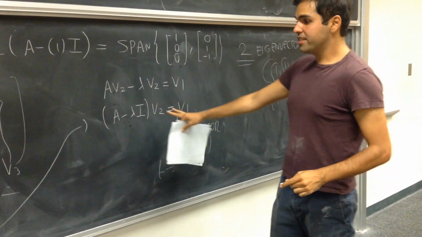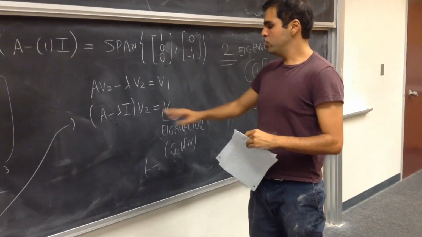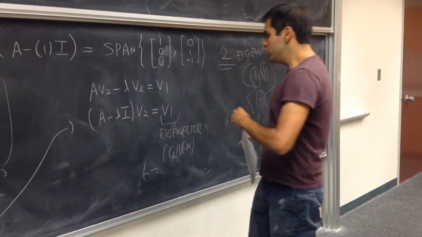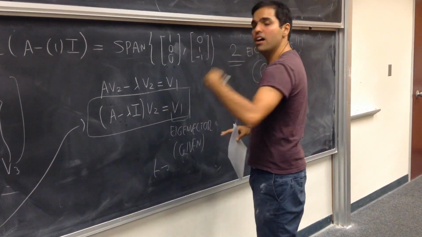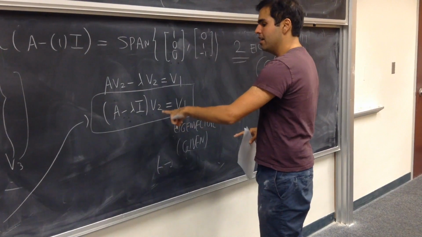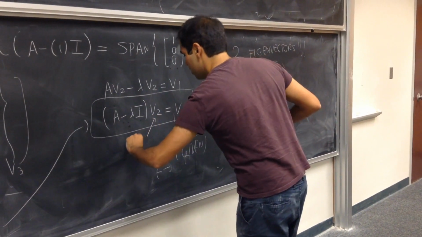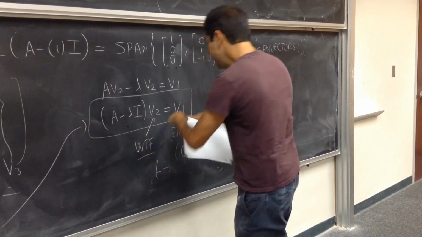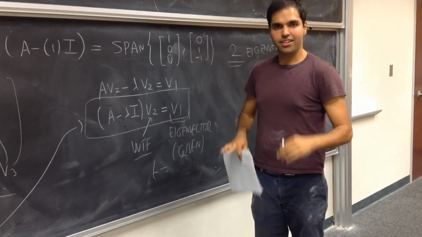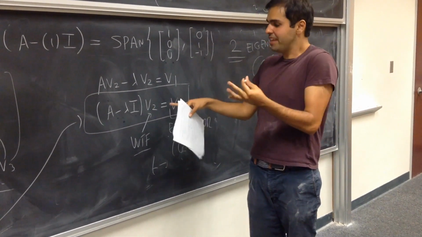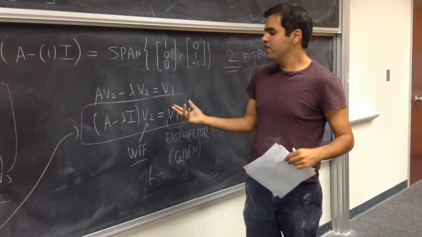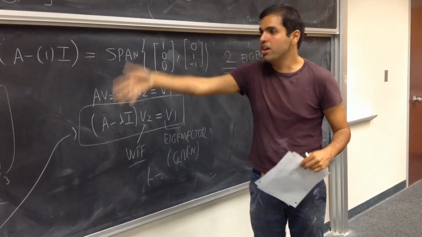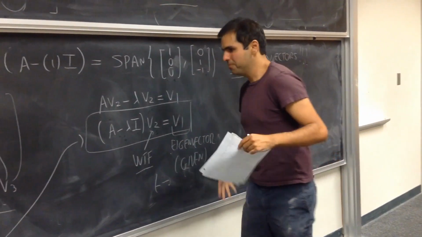What does that tell us? It tells us that to find v2, you have to solve the following equation. A minus lambda I, that's given, times what you want to find, equals an eigenvector. Given an eigenvector, you have to sort of back solve this equation to get another vector for a Jordan block.